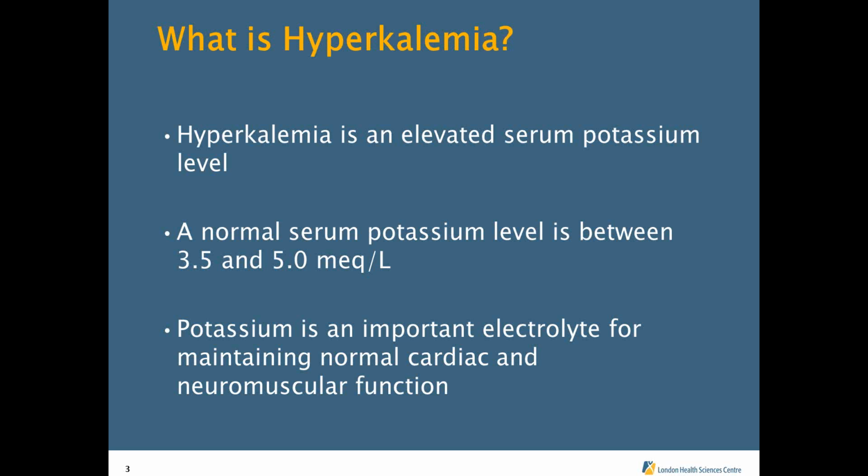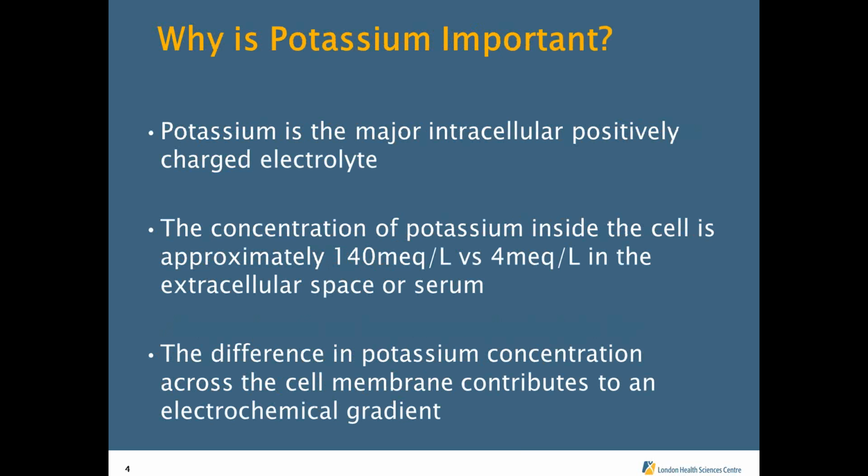And so I guess the big question is, why is potassium important? Well, it's one of our body's important electrolytes, and it's necessary to maintain normal cardiac and neuromuscular function. If you look at the cell, and you may remember this from other schooling in the past, there are ions in the cell and outside of the cell, and potassium is the major intracellular positively charged electrolyte.